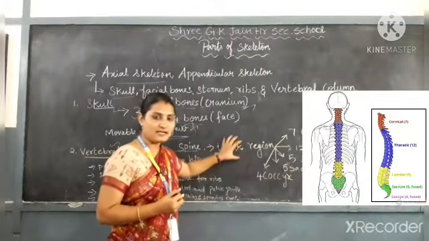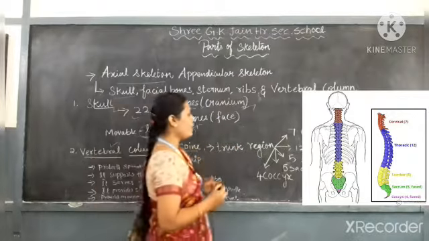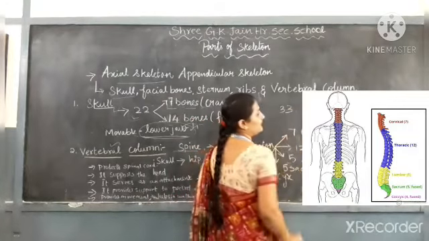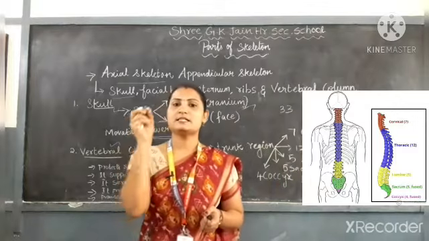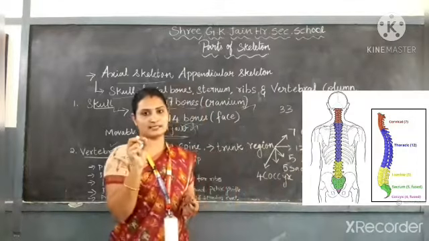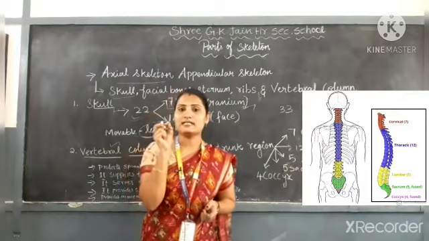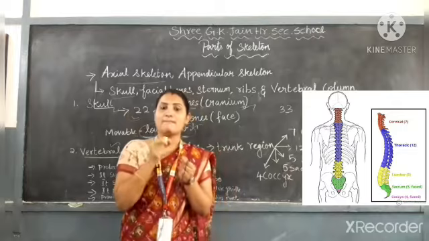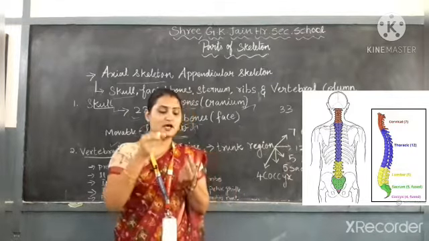This backbone is made up of 33 vertebrae. What is meant by vertebrae? Vertebrae means small individual bones. The 33 small individual vertebrae are connected together by a joint called the gliding joint.